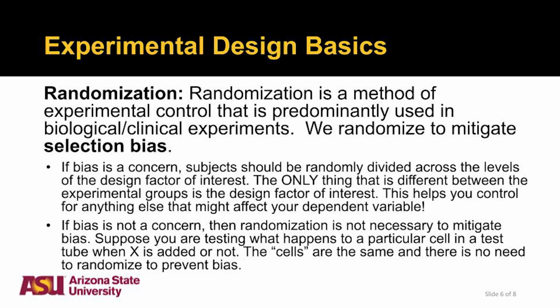Selection bias means that one group is different than the other group in some way because of how I've selected the two groups. Let's say I'm testing an additive versus a non-additive. I need to make sure that my experimental units going into each group, either they're getting the experiment or they're getting no experiment, the control group, are equal in all other aspects.